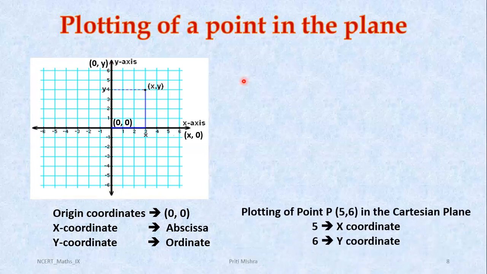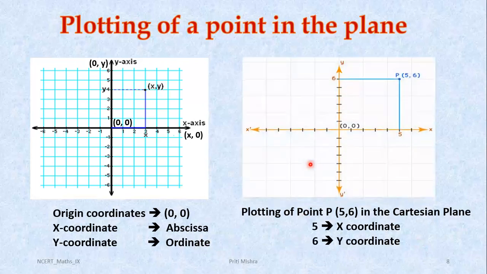Now in the same way, if you have to plot a point P(5, 6) in the Cartesian plane, then 5 is the x coordinate, that is the abscissa, and 6 is the y coordinate, which is the ordinate. Then how to plot this point? Exactly in the same way, we cover 5 units towards the positive x direction. 1, 2, 3, 4, 5 units you cover, reaching this point.